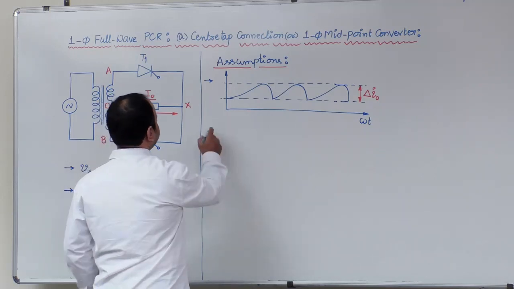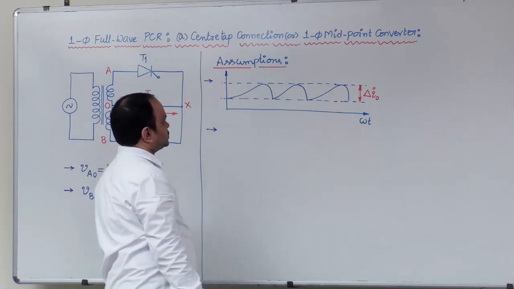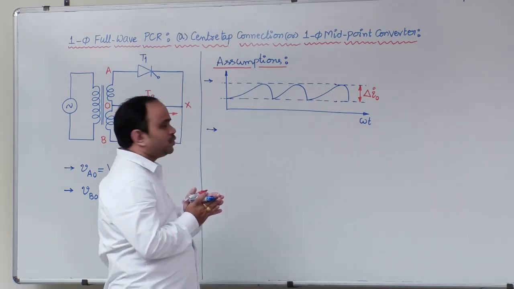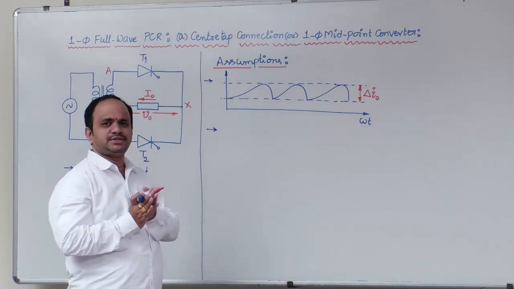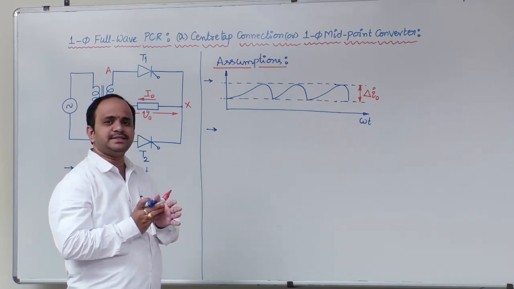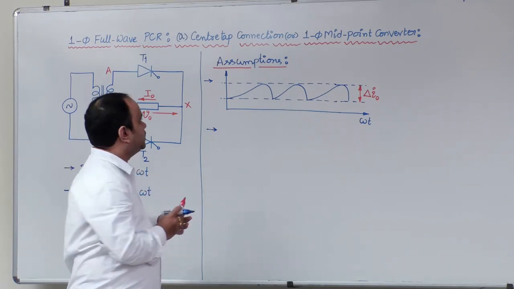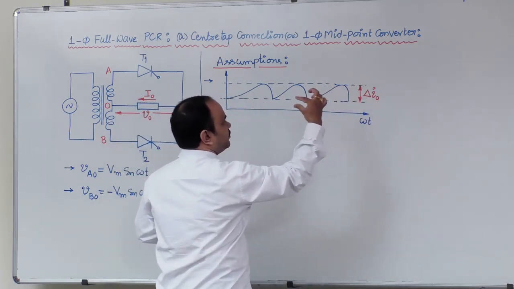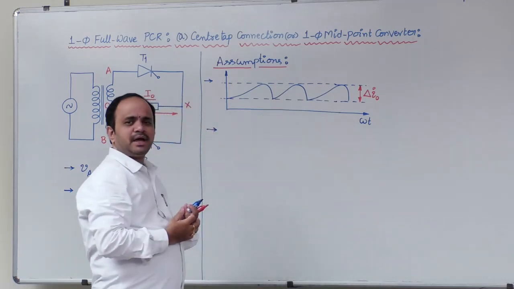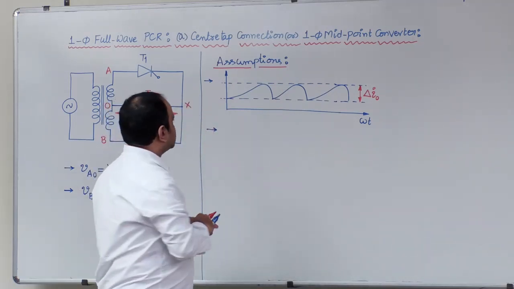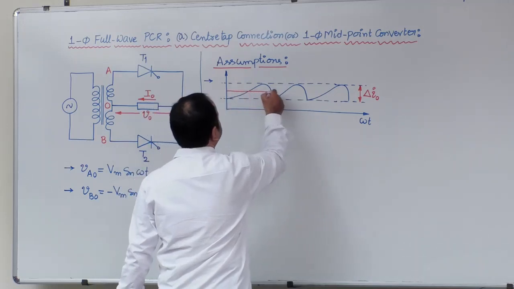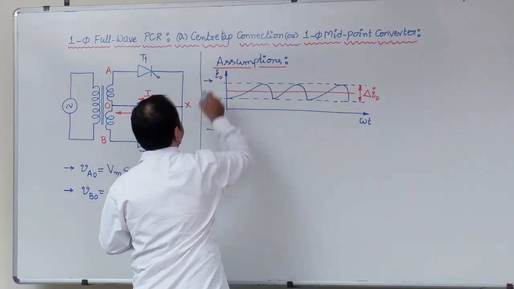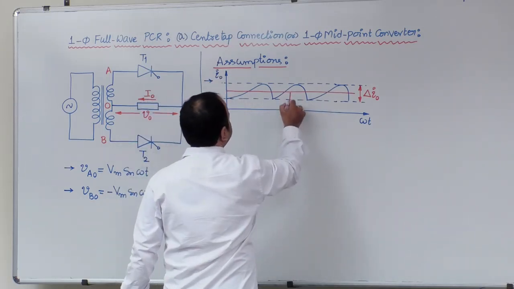So the assumption here is, follow carefully, if the load inductance is very large, in other words, sufficiently large, then what will happen? This delta I naught will be very small, so that the output current waveform can be approximately treated as a constant line.